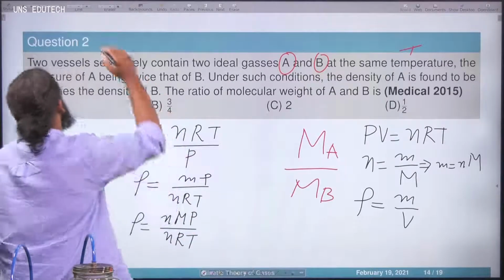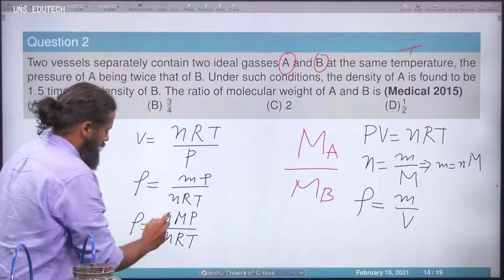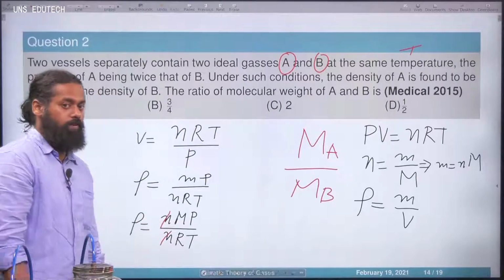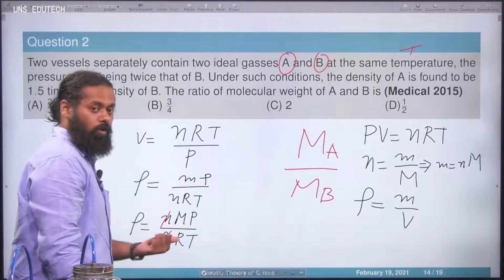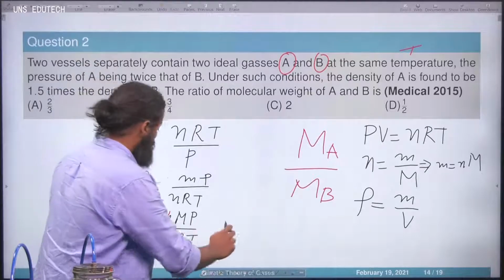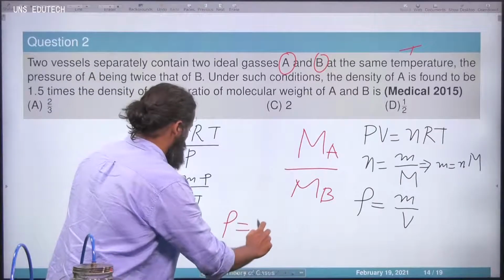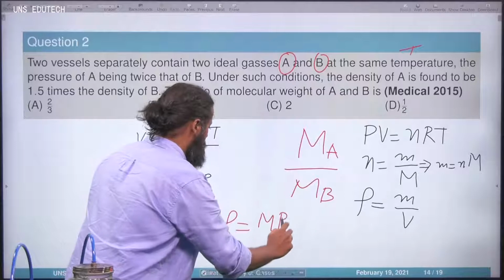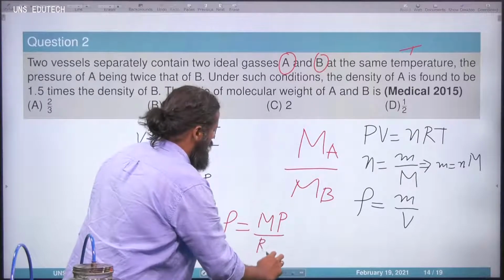From here this n will be cancelled out, because when you are talking about density the number of moles is not significant. So rho will be equal to M into P divided by R and T.